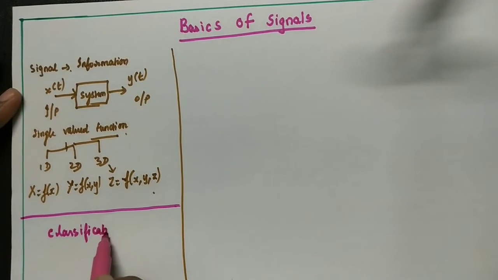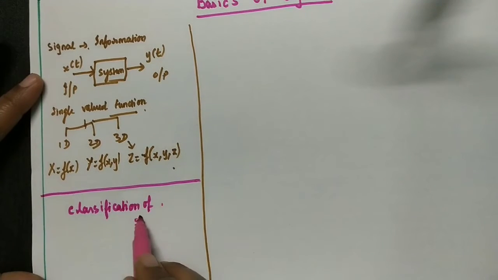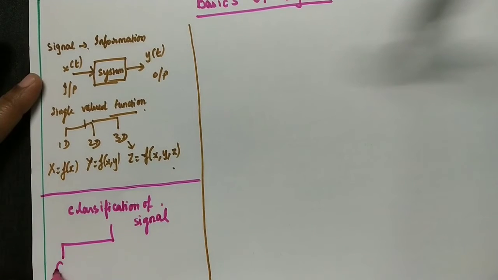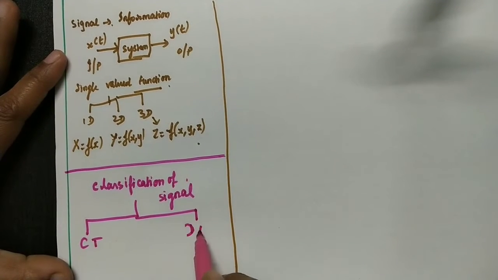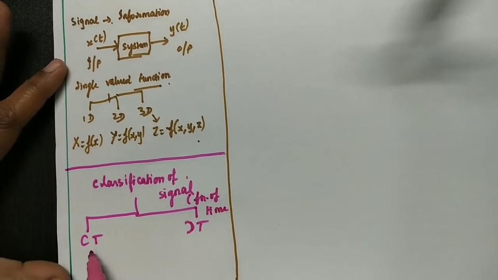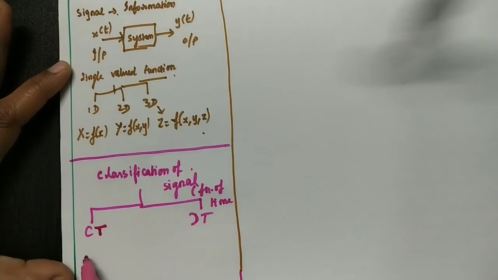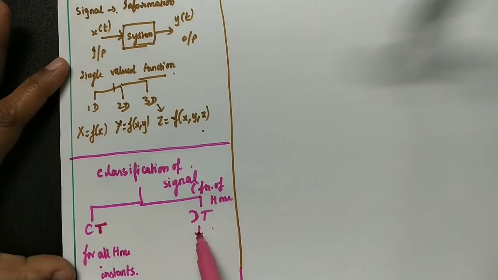We can classify signals on the basis of function of time as continuous time signals and discrete time signals. A continuous time signal is defined for all time instances, and a discrete time signal is defined only at specific intervals of time.